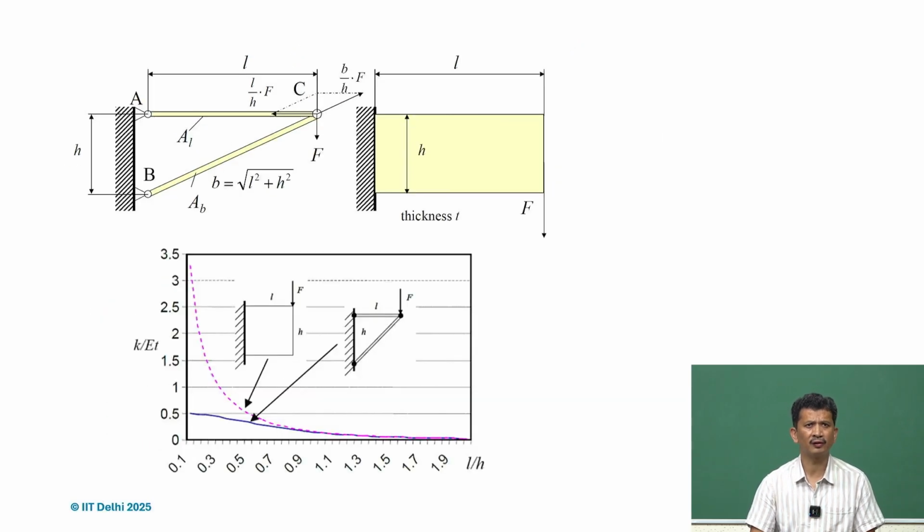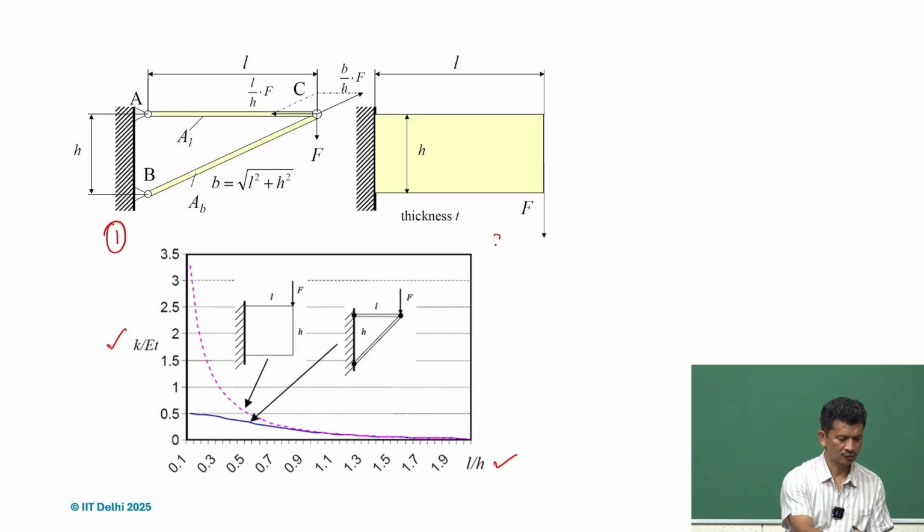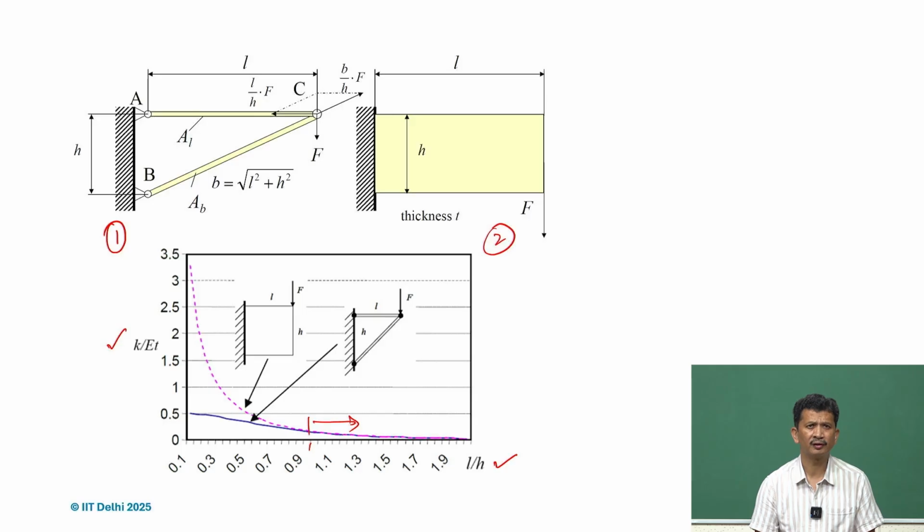So, if this is the scenario, what has been observed is that if we try to plot k over E t with respect to L over H, for the truss and the sheet, we can generalize that if L over H is greater than 1, they have similar stiffness.